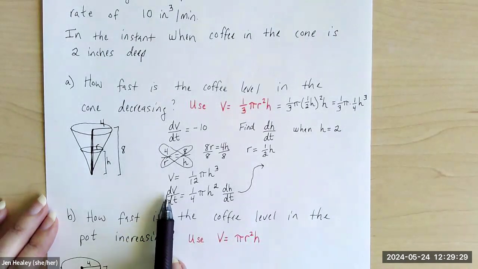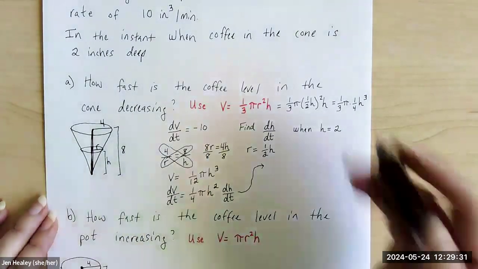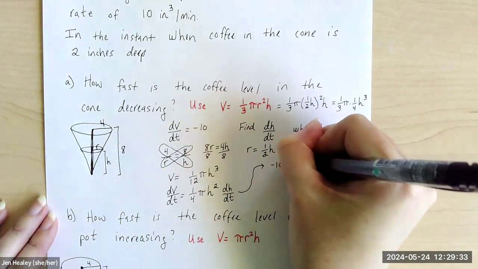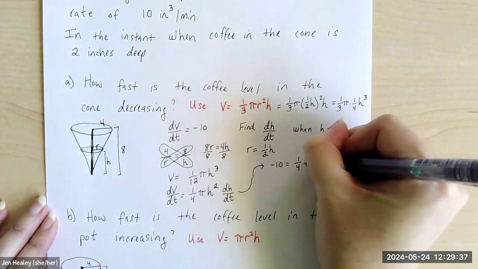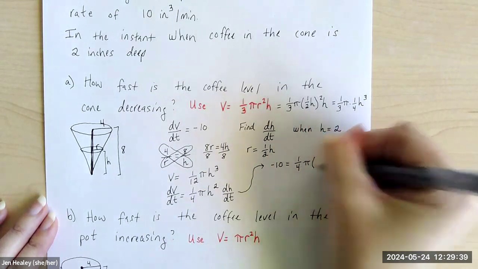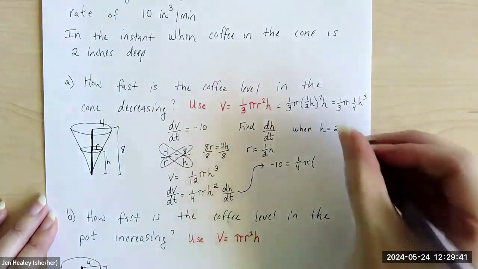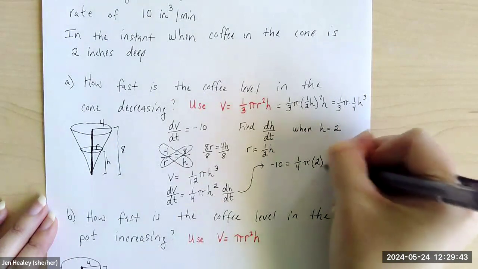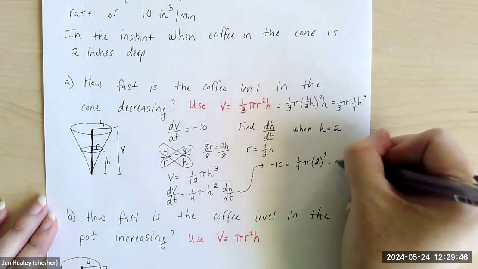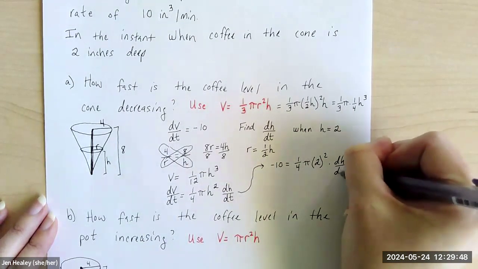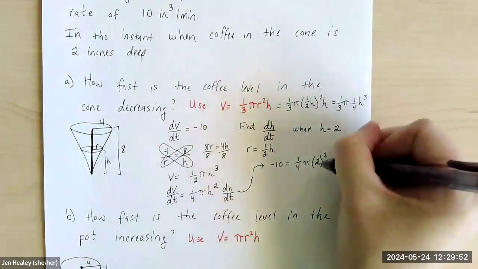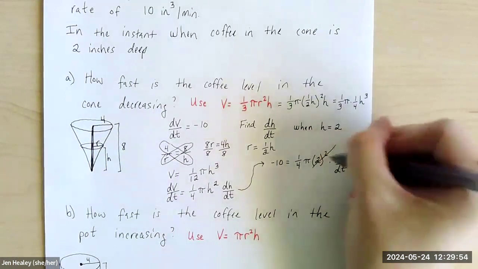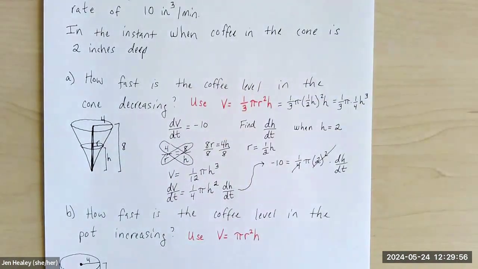So dV dt, they told us, was -10. And that equals 1/4 times pi times, they told us to plug in 2 for the height, squared, and then that's times dH dt. And we're supposed to go solve for dH dt now. So 2 squared is 4 divided by 4, so these are actually going to cancel, and we just have pi there.